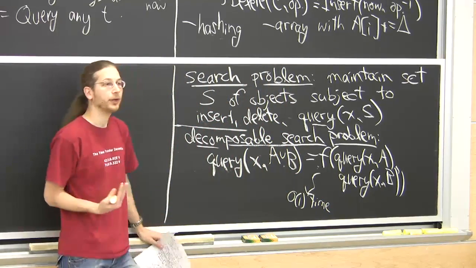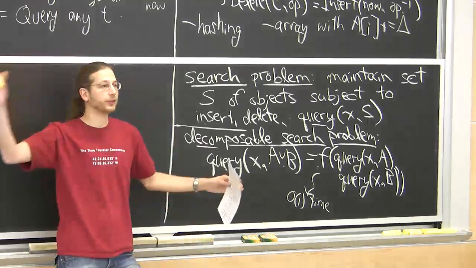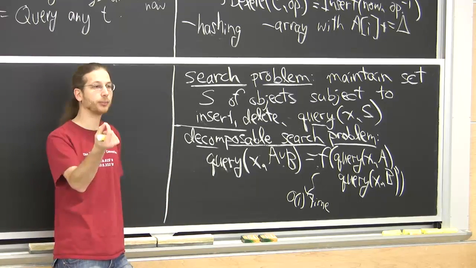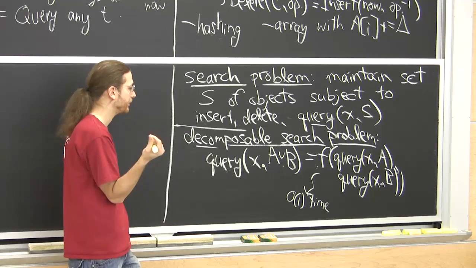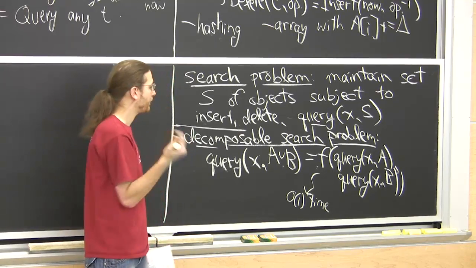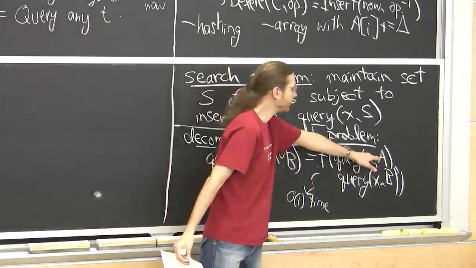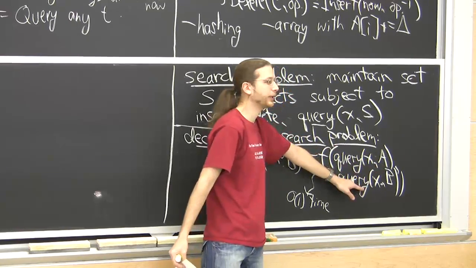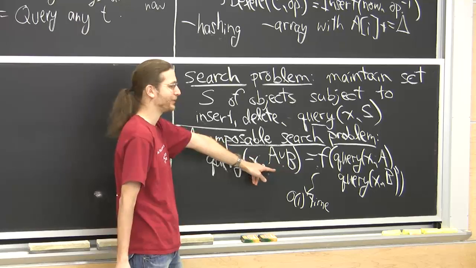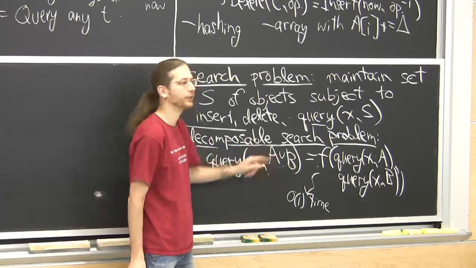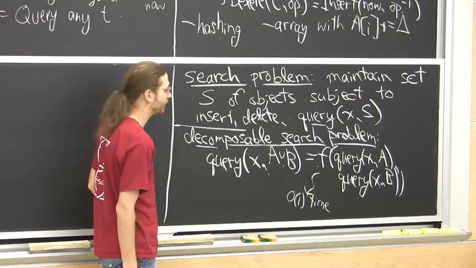For example, suppose I have a set of points in the plane and I want to know, given a query point, what's the nearest point in my set? This would be dynamic nearest neighbor. If I could compute the nearest neighbor among one subset of the points and the nearest neighbor among a different subset, I can compute the nearest neighbor among the union just by taking the min of the two. Doesn't matter whether A and B overlap. That will still give the right answer.